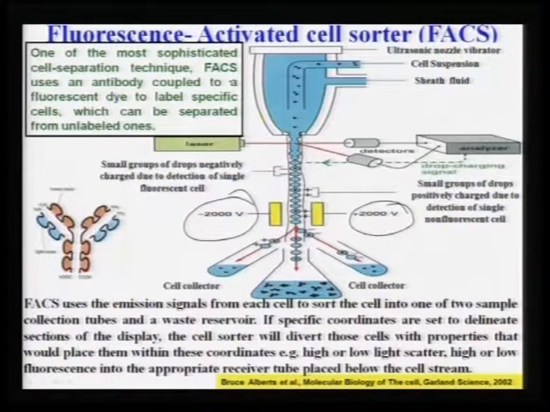Now, here you are putting the laser light, detectors, and analyzers. So, with these detectors, analyzer and laser system, you are allowing the quantification to take place, and depending on whether the cells carry positive or negative charge and how they are stained with annexin 5 and the PI, they can be sorted.